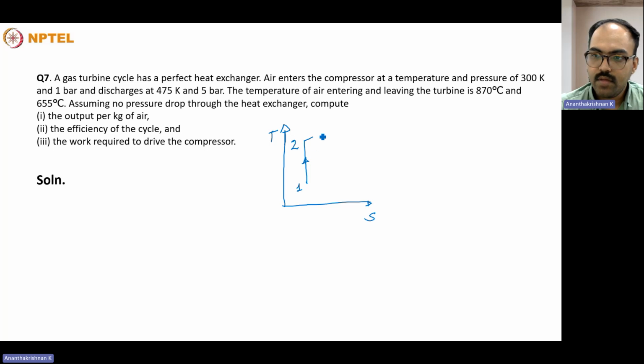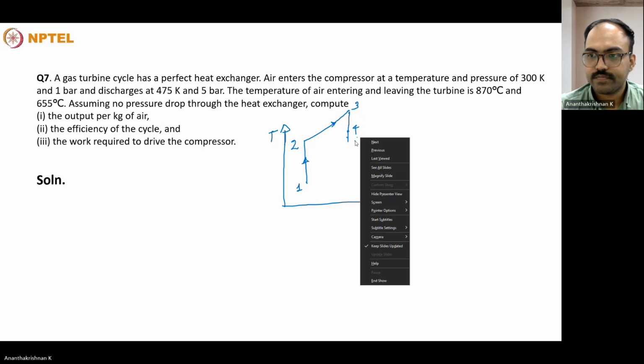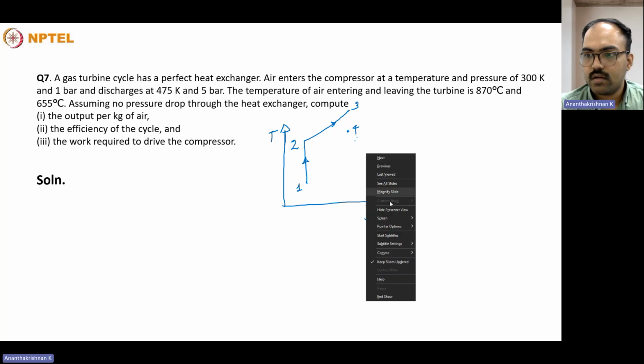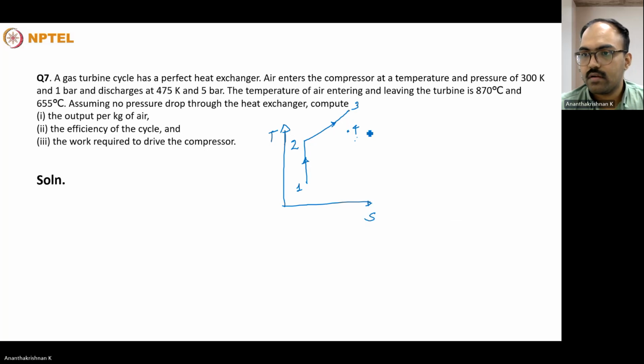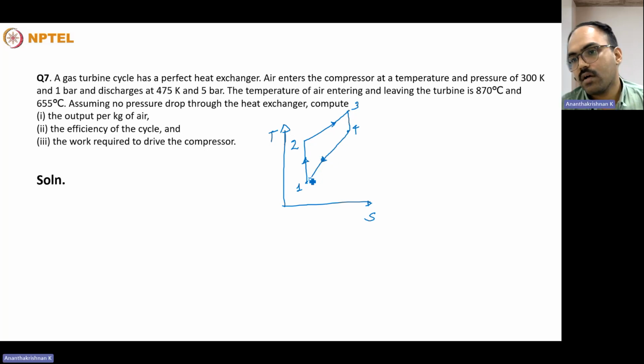And for the time being, we can just denote this as 2 to 3 isentropic compression, 3 to 4 as isentropic expansion, and constant pressure heat rejection process.